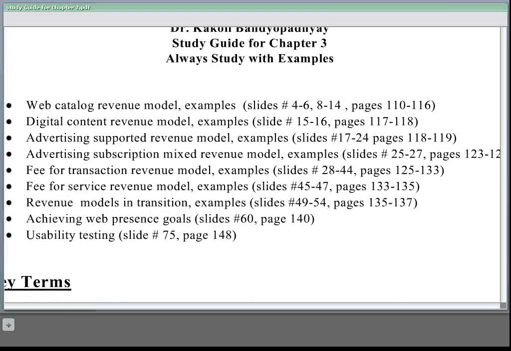Now I will also talk about your assignments. First, I will talk about the MESI 3395 assignment. Okay, 3395, the undergraduate class, your assignment 3 is on search tools.